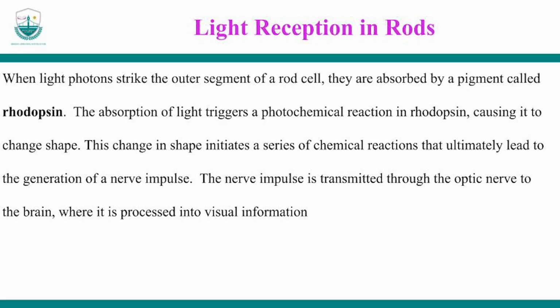Bleaching means it is split into its components, opsin and retinol. That is what we call bleaching. So you have the rhodopsin being split as a result of absorption of that light.